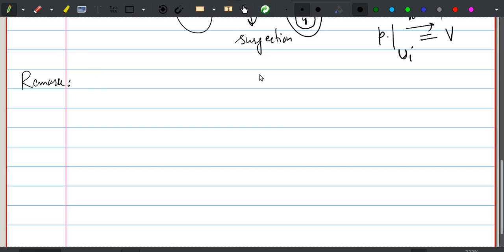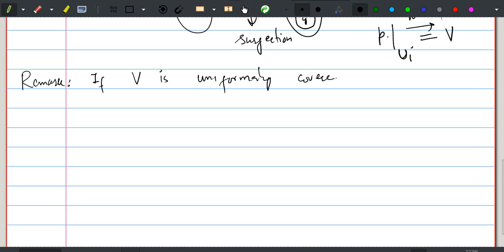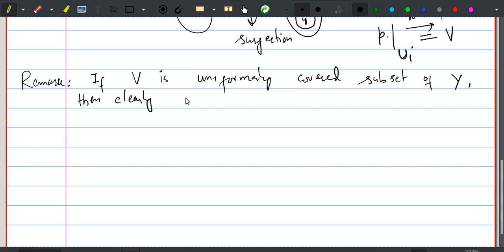If V is a uniformly covered subset of Y, then clearly any open subset of V is also uniformly covered.